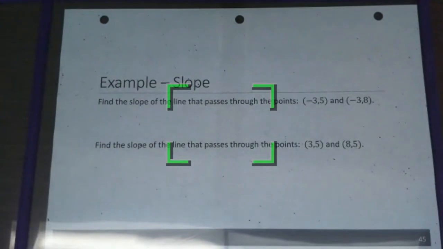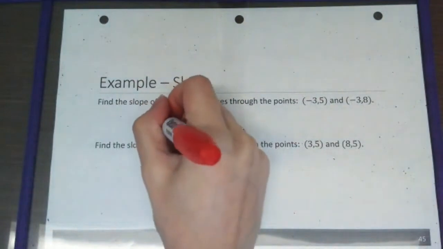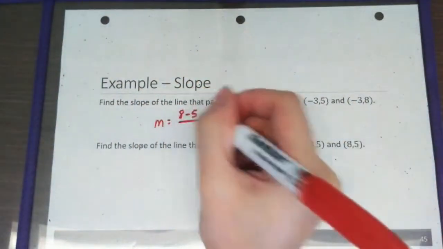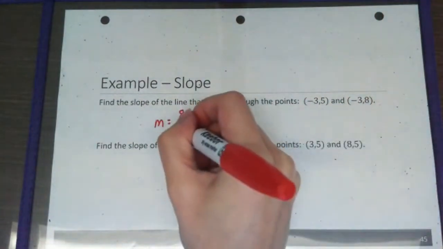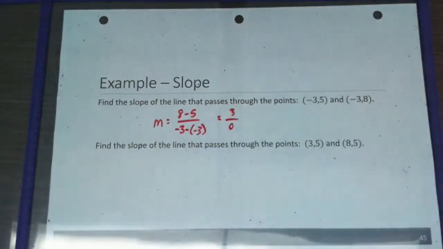Now we're going to find the slope of the line that passes through the points (-3, 5) and (-3, 8). So our slope will be 8 minus 5 over -3 minus -3. That's 3 over 0.